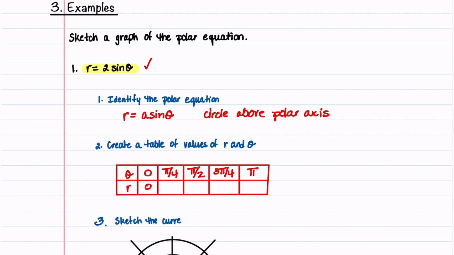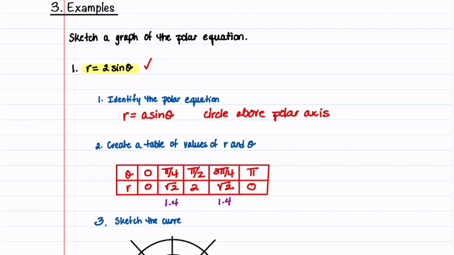Sine of pi over 4 is root 2 over 2, so this is root 2. Sine of pi over 2 is 1, so we have a 2. Sine of 3 pi over 4 is root 2 over 2 again, and we multiply that by 2, so we have a root 2. And then sine of pi is 0, so we come back down to 0. Let's remind ourselves that root 2 is approximately 1.4.